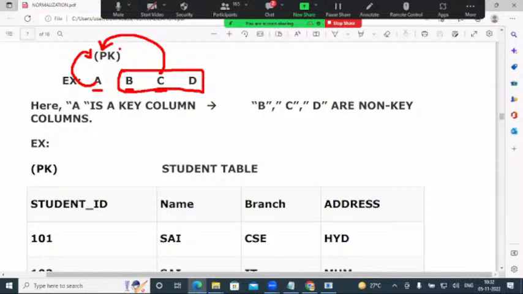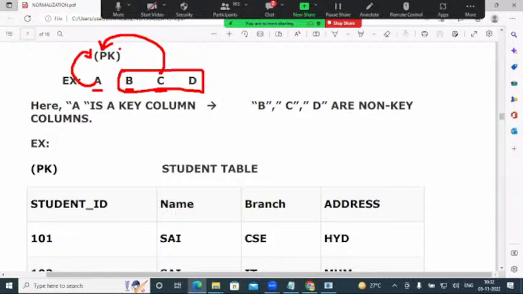Some families, children have only a father, no mother. These are called partially dependent children. In some families, children have only a mother, no father. These children are called partially dependent. But when the children have both of them, then it is called a fully dependency. Now, concept clear?